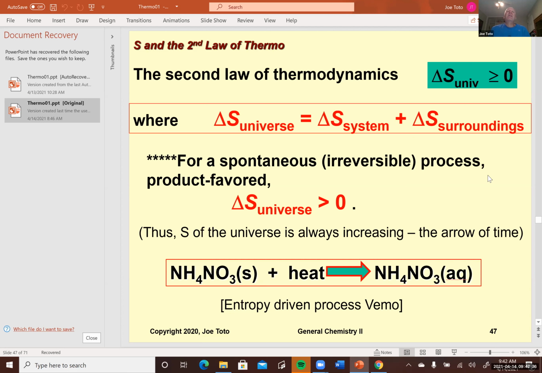What does it mean to have a delta S that's negative? All right, let me ask an easier question, hopefully. What does it mean to have a delta S positive or greater than zero?